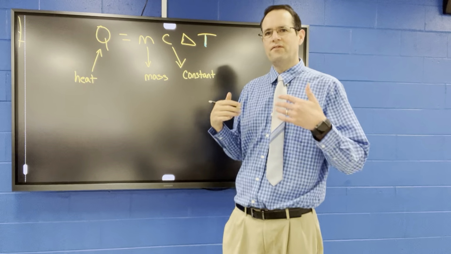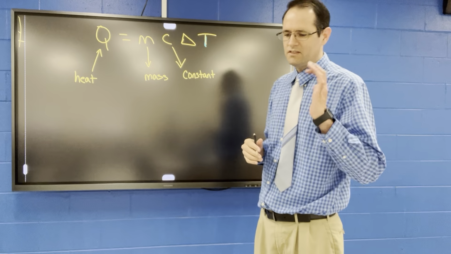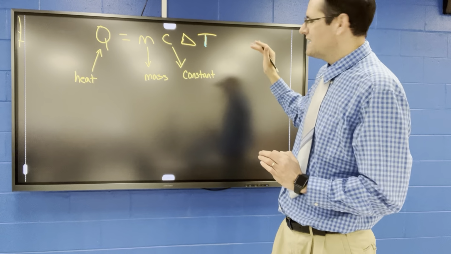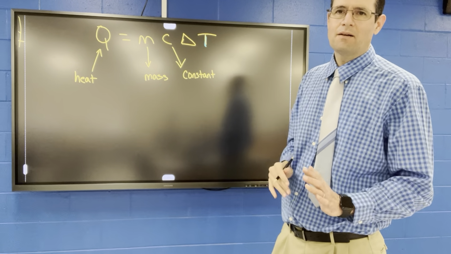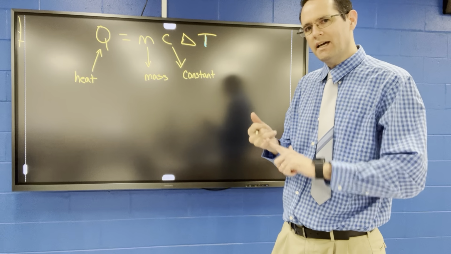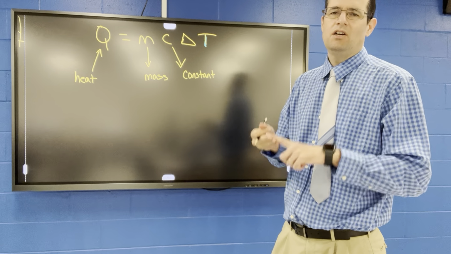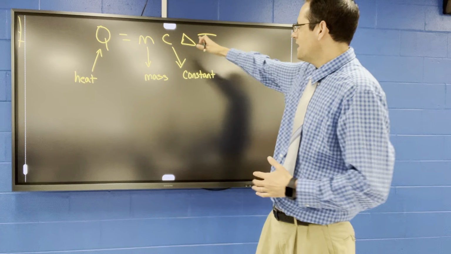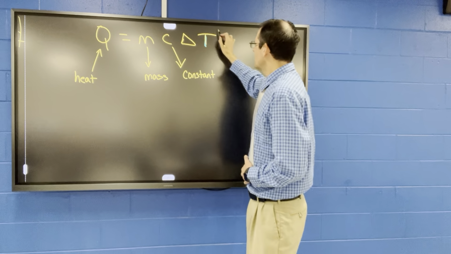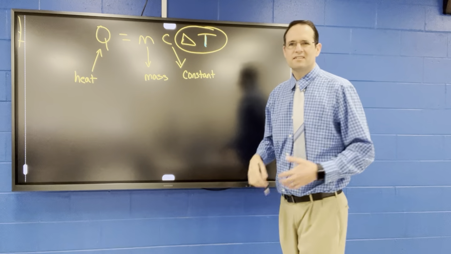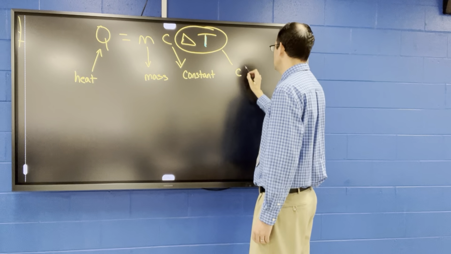Different substances have different constants. They're called the specific heat constant, and we are not going to talk about that. But if you want to warm up lead or iron or a piece of wood or a cement block, it's going to have a different number here. And this whole term right here is called the change in temperature.